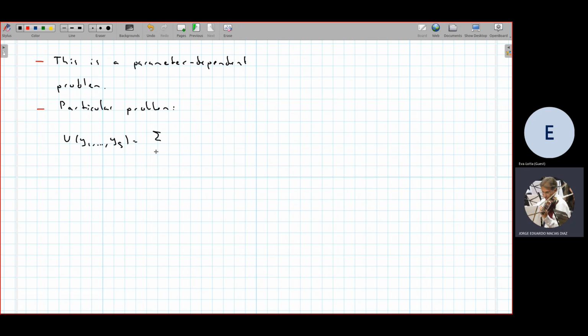has the form sum for i equal 1 to S of r_i times some function u of y_i. In this case, you see, this is a linear combination of independent functions, and these factors can be seen as weights.